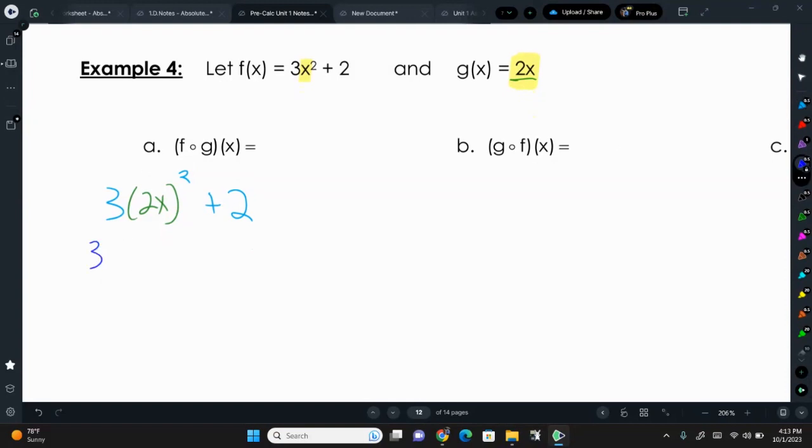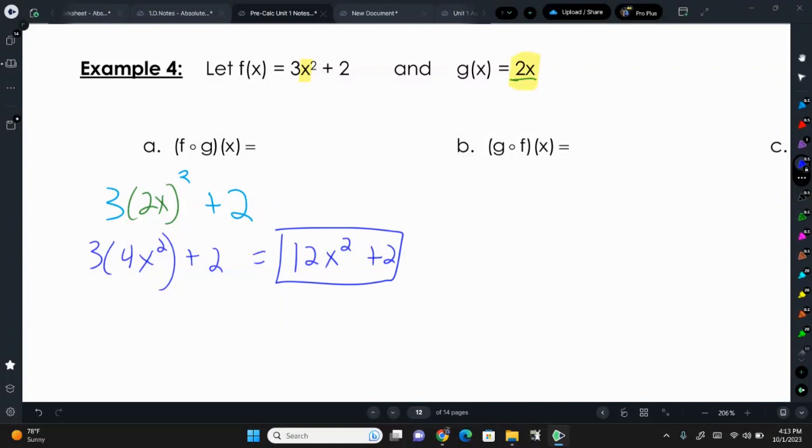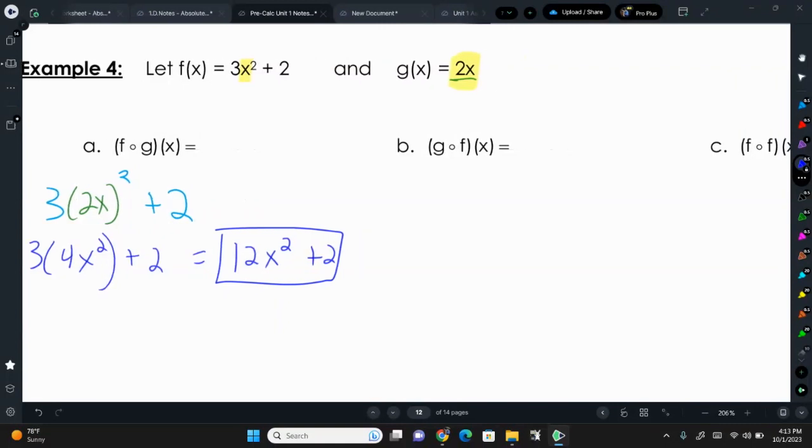Well, this becomes 3 times 4x squared plus 2. And then that can be simplified to 12x squared plus 2. So that was f of g of x.